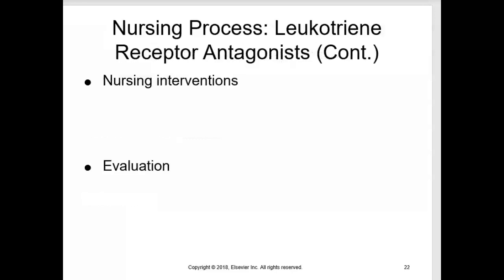In terms of nursing interventions, again, we're going to monitor respirations for rate, depth, rhythm and type, monitor lung sounds for adventitious lung sounds, look for evidence of cyanosis, monitor to see that drug therapy is effective, monitor liver function tests, and provide pulmonary therapy as needed.